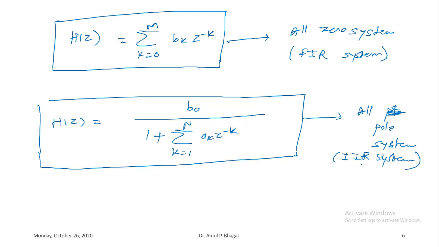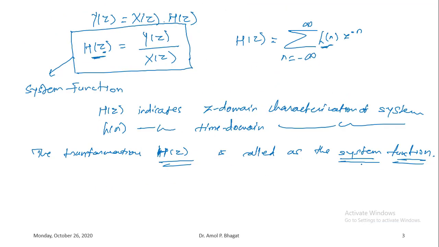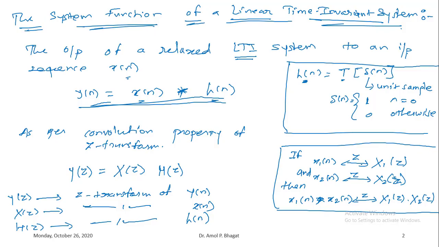Okay, so what we have seen in this section is the system function of a linear time invariant system, denoted by H of z. The behavior or analysis or response of an LTI system can be identified by using convolution summation or by using a difference equation.